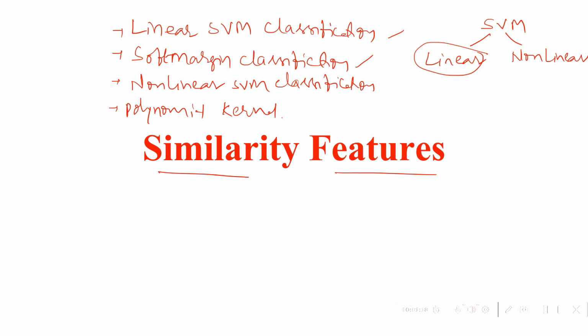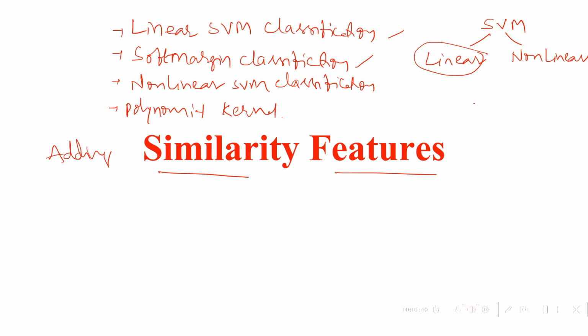For non-linear classification, we apply non-linear SVM classification, and also use some kernel tricks like the polynomial kernel. In this video, we are going to add some similarity features. Based on the similarity features, we are going to classify the non-linearly separable data.